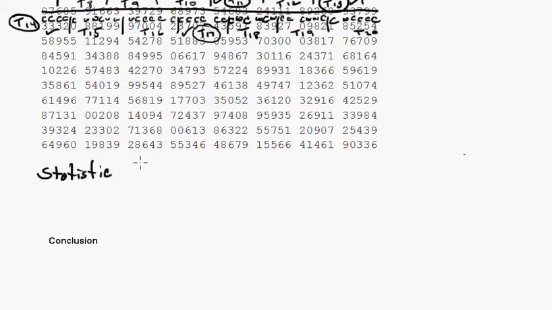And so in this case, the statistic is 8 of 20 trials produced, I guess, what?